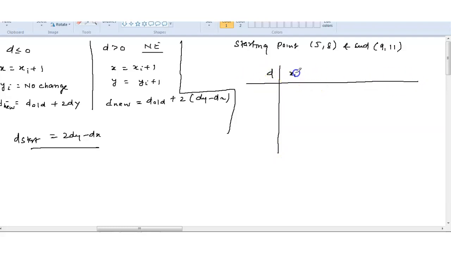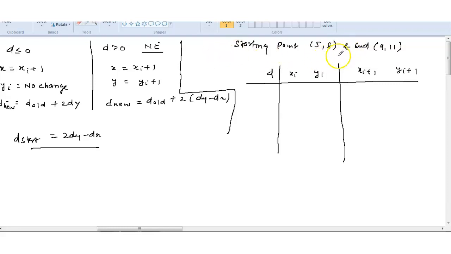This is the initial value of x and y, and this is the next coordinate of x plus 1 and y plus 1. So first we will find the value of d. How will you find it? Before that, we will initialize dx and dy.